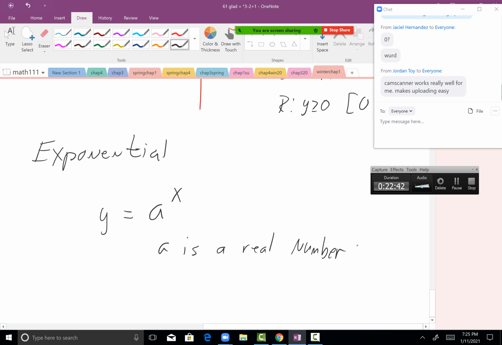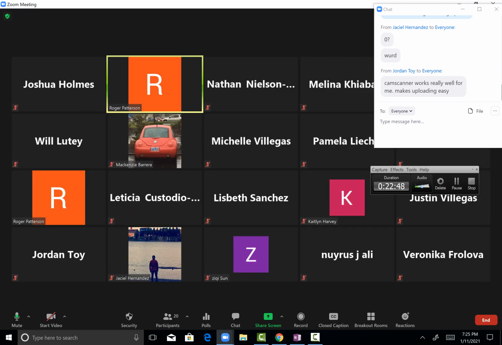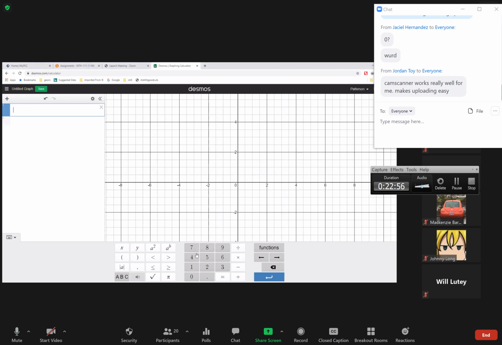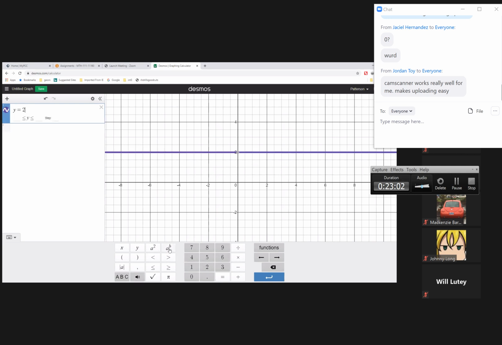So what we'll do is graph it. Now, most of you are probably pretty familiar with exponentials. We'll take a look at it. Y equals, again, I'm just going to pick a number. I'm going to go with 2 to the x. So here's an exponential.